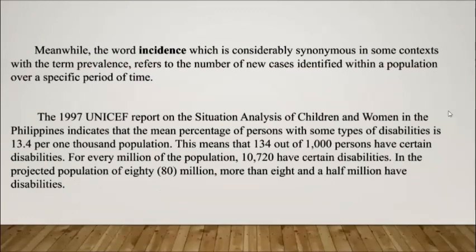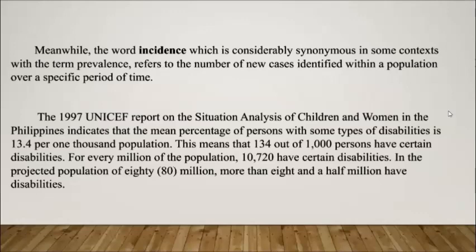Meanwhile, the word incidence is considerably synonymous in some contexts with the term prevalence. It refers to the number of new cases identified within a population over a specific period of time.